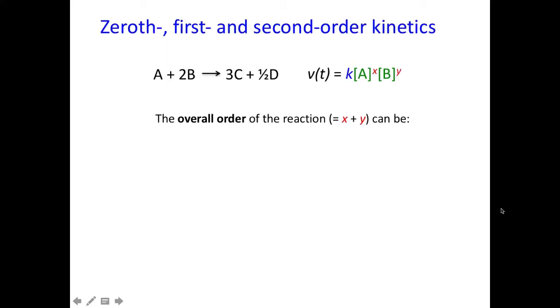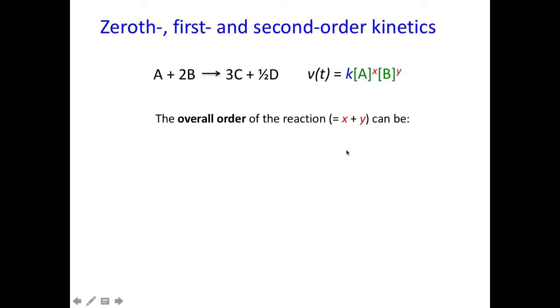Now let's see the difference between the zeroth, first and second order kinetics. So let's take this simplified reaction, and this reaction is described by this rate law. So the kinetics of this reaction is described by this rate law, where the overall order of the reaction is given by the sum of x and y.